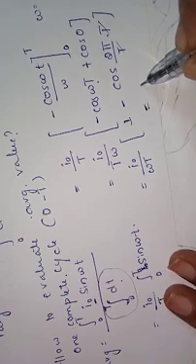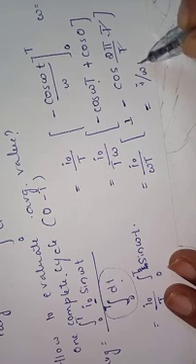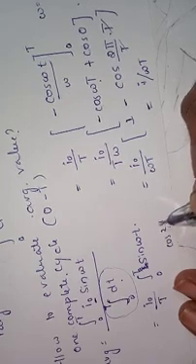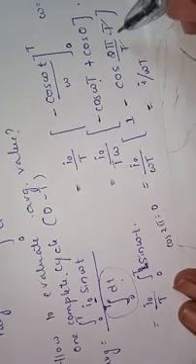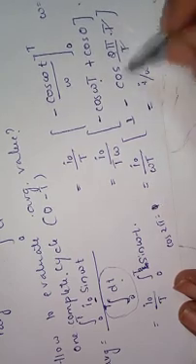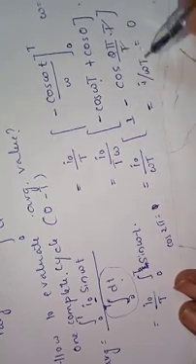The remaining answer will be I naught by omega T. Cos 2 pi is 1. 1 minus 1 is 0. 0 into anything is 0.